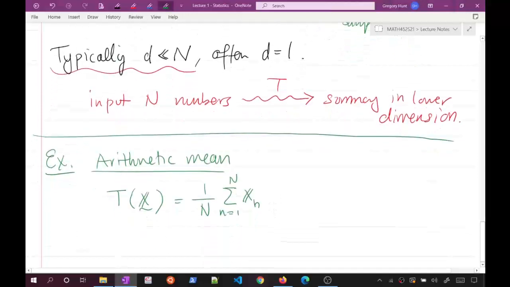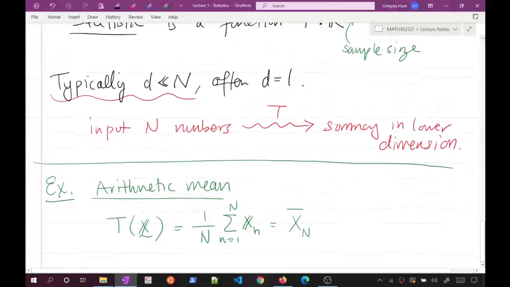In this course, we will denote the arithmetic mean, we're not going to call it t of x, we're going to call it x-bar n. That's the arithmetic mean, right? But this thing is a function. It takes in n numbers, or an n-dimensional random vector, and it spits out one number. So here, d is equal to 1. I've summarized n numbers down to a single number using the arithmetic mean. That's obviously our favorite example.